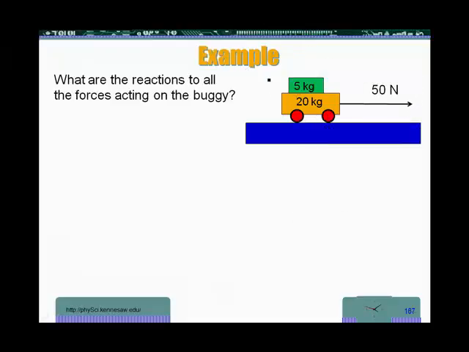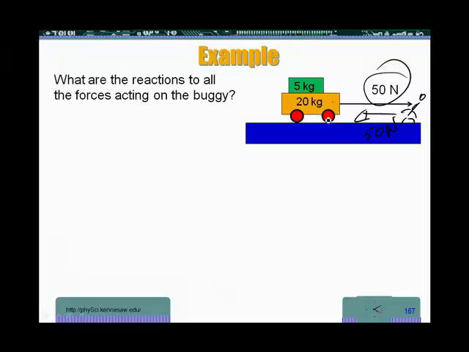What are the reactions to all of these forces? Okay. Now, if this 50 newtons is exerted by someone pulling on it, the reaction is the buggy is pulling back with 50 newtons. Now, there is the normal force with the floor.